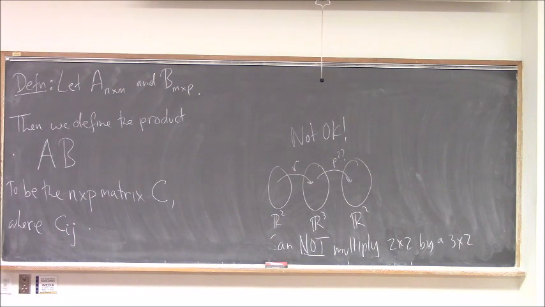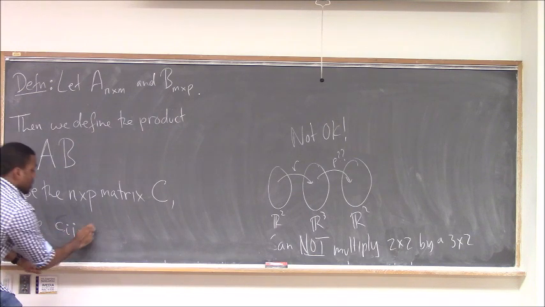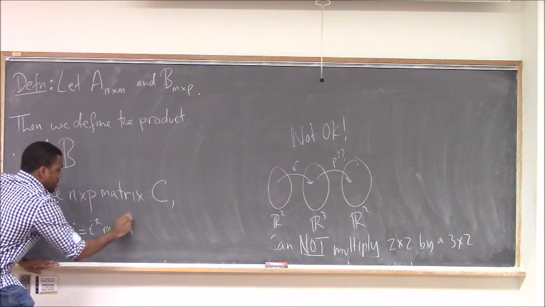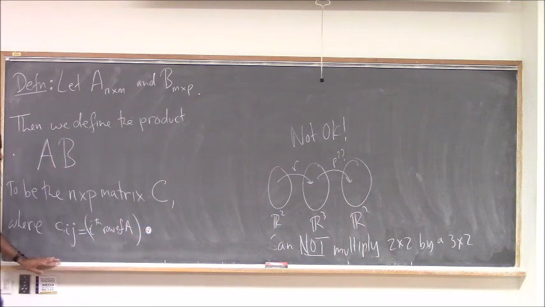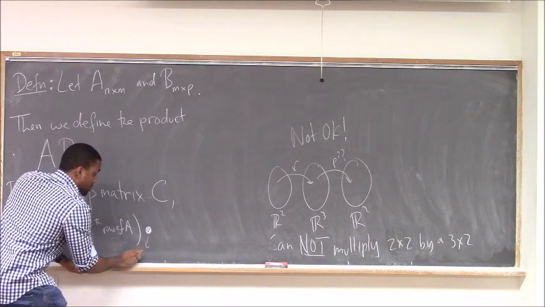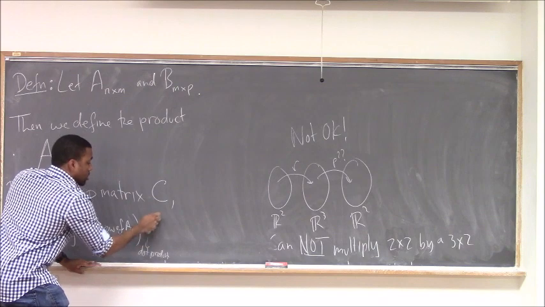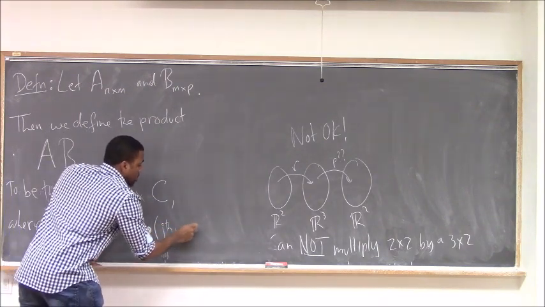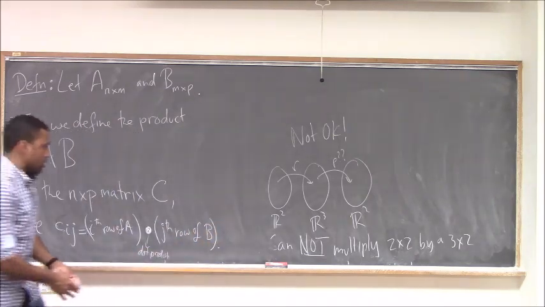The C_ij, this is lowercase, the C_ij entry is equal to the ith row of A dot product, this is a dot product, with the jth column of B.